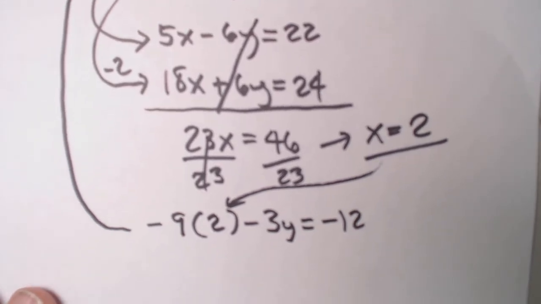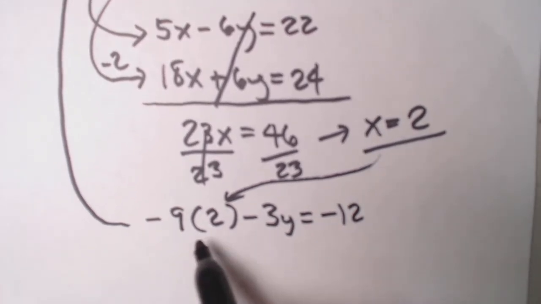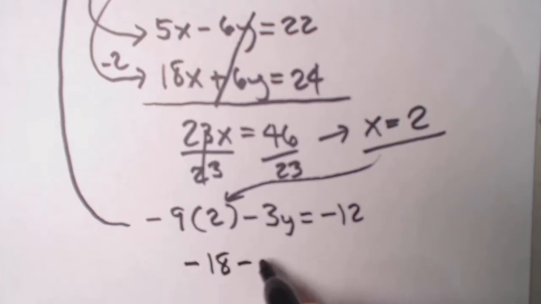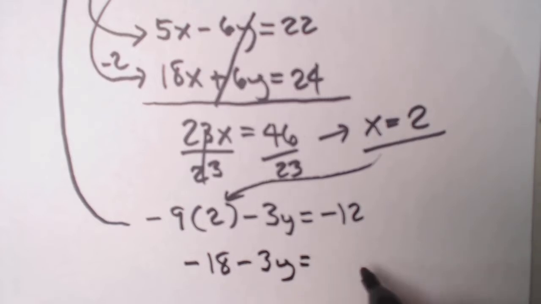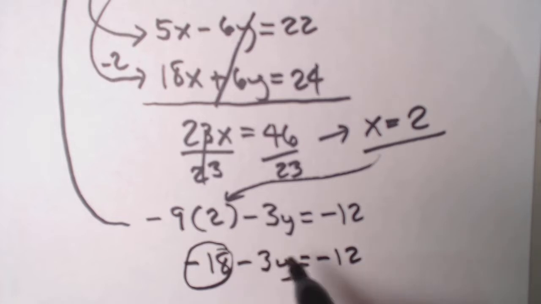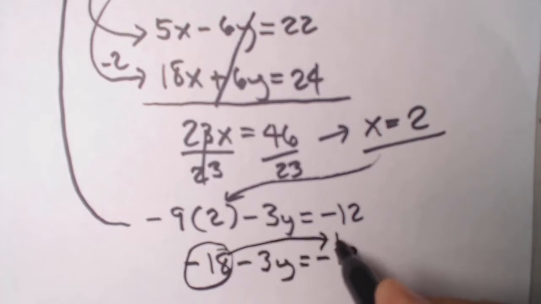Okay, so now let's go and multiply this out. See what we got. Negative 9 times 2, negative 18, minus 3y equals negative 12. Okay, minus 18 goes over as plus 18.